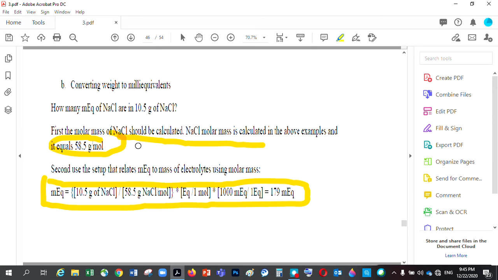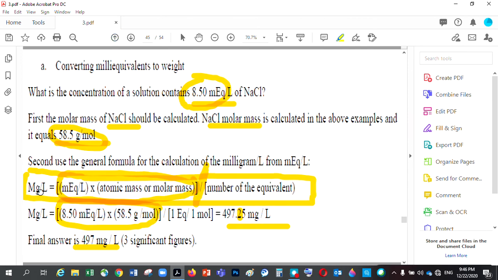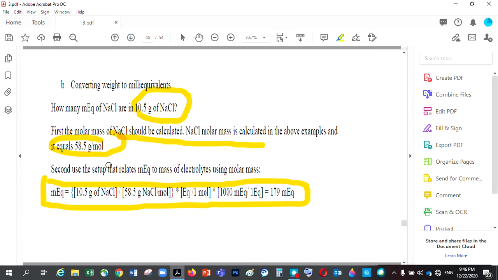Milliequivalent is whatever the number of grams is, in this case of sodium, but in this case it is the opposite of what we had before, correct? If you look here at the milligram per liter, we have to multiply the milliequivalent by atomic mass divided by number of equivalents. Here the number of grams is given to us. I divide by the molar mass to get number of moles.